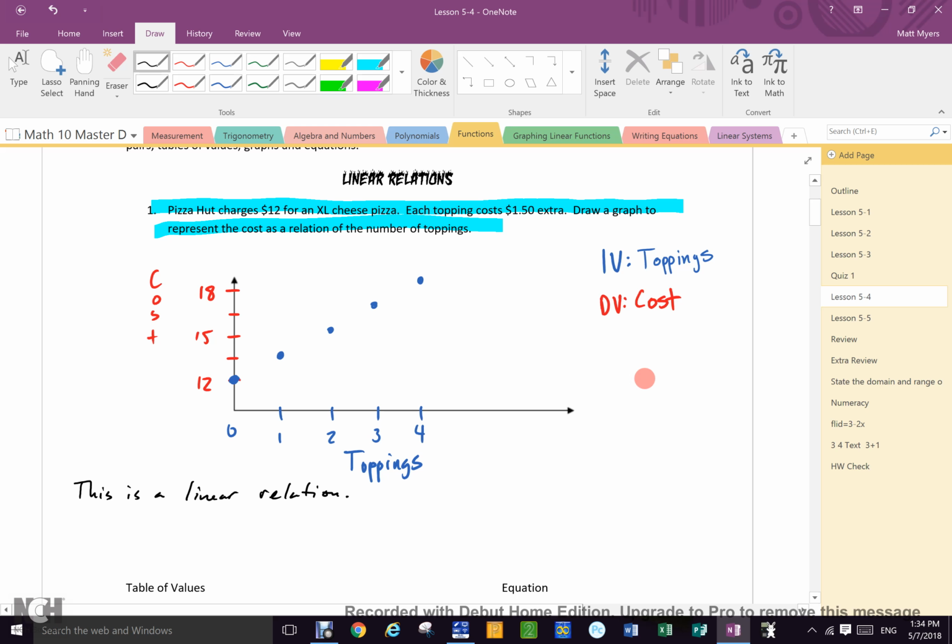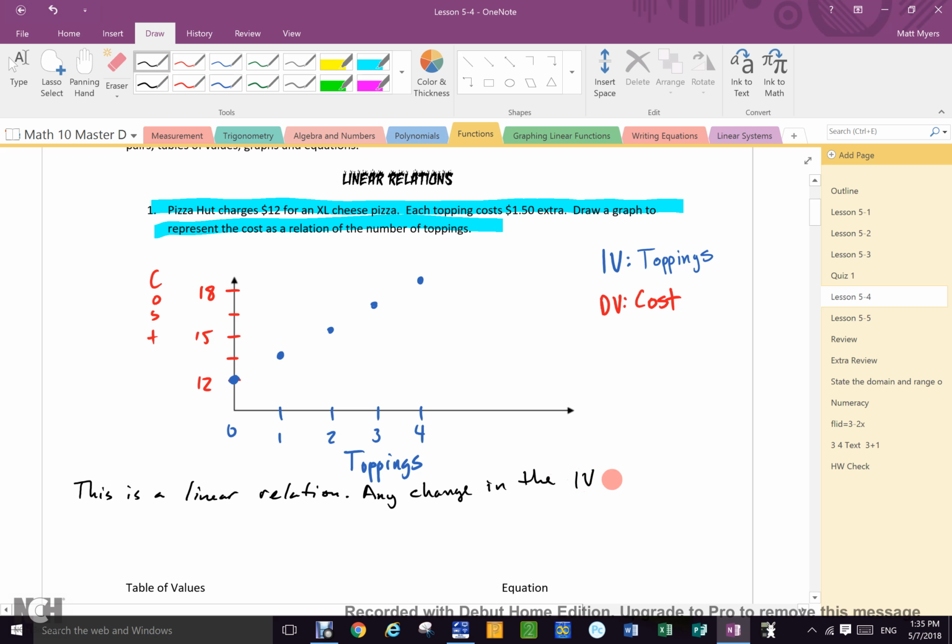All right. Here's what makes it a linear relation. Kingston's right. It has to make a straight line. Right? So what this means is any change in what thing is the change that we care about, IV or DV? Right.